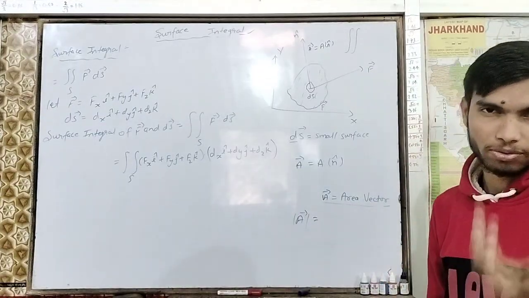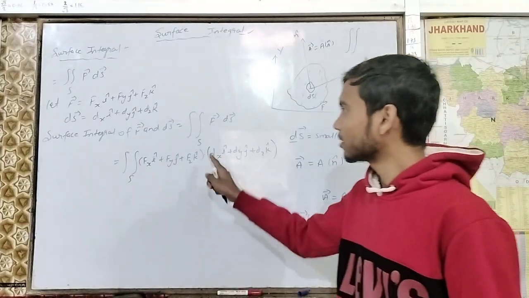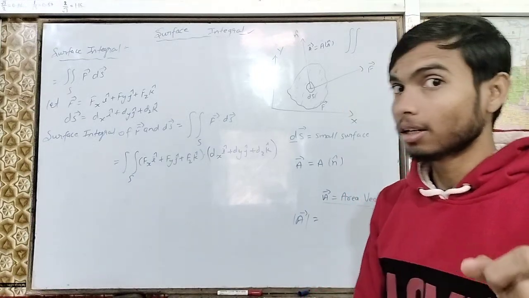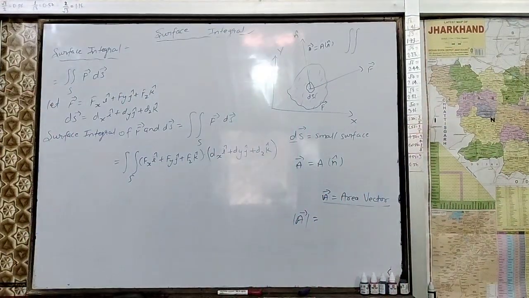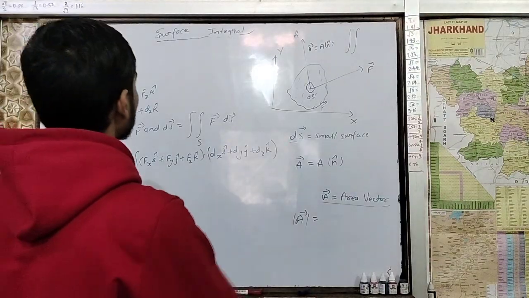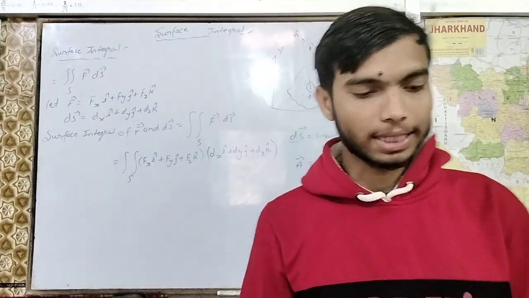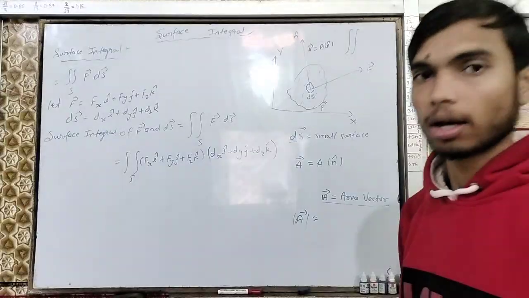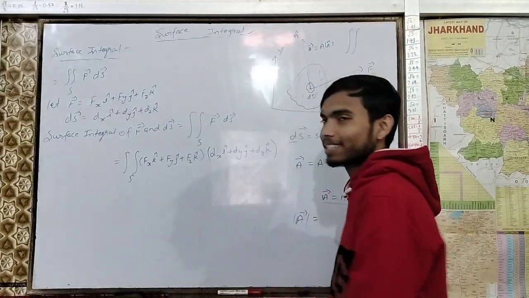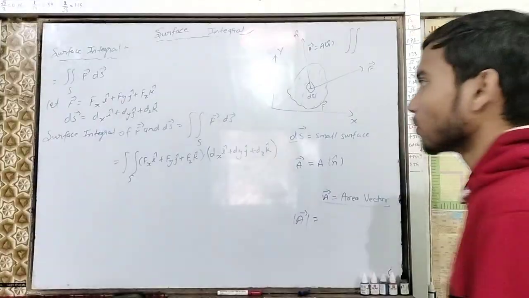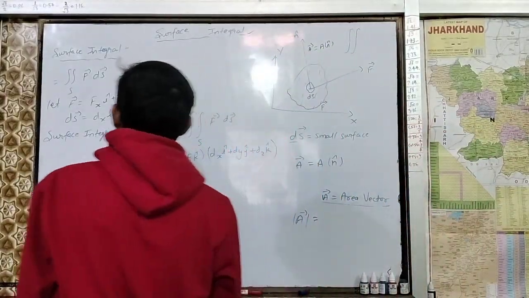Think for a few seconds. Since we are using the dot product, of course we are going to get the magnitude, not a direction. What are you understanding from this dot? The surface integral is a scalar quantity, and the line integral was also a scalar quantity.